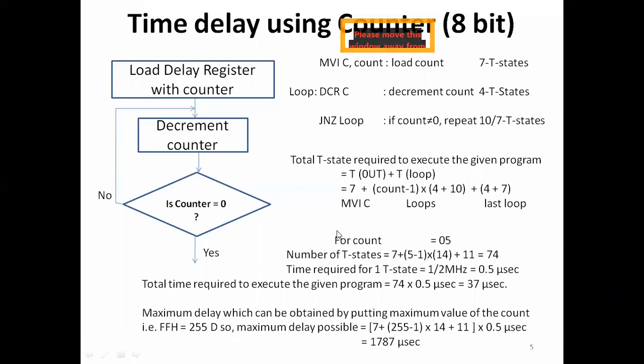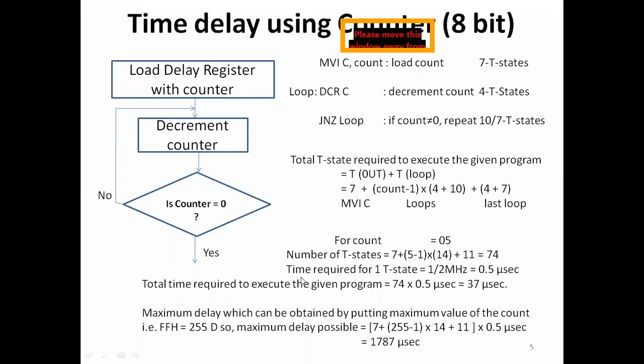So what will be the maximum delay which we can find out? The maximum delay can be found with the count value as maximum. Since this count value is an 8-bit number, the maximum value we can put in the count is FF, which is equal to 255 decimal.